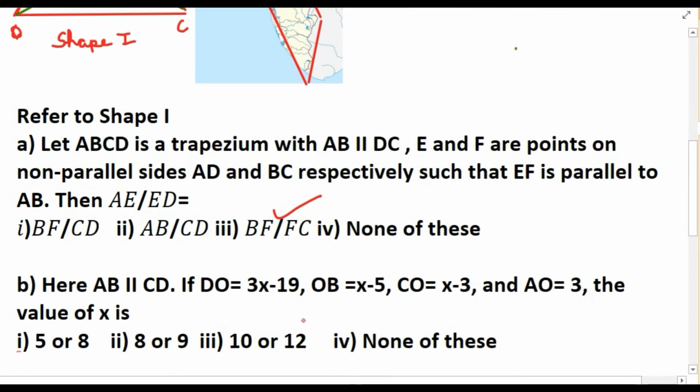Now second question. Here AB is parallel to CD, DO equal to 3x minus 19, OB equal to x minus 5. They have given all these values. We need to find the value of x.